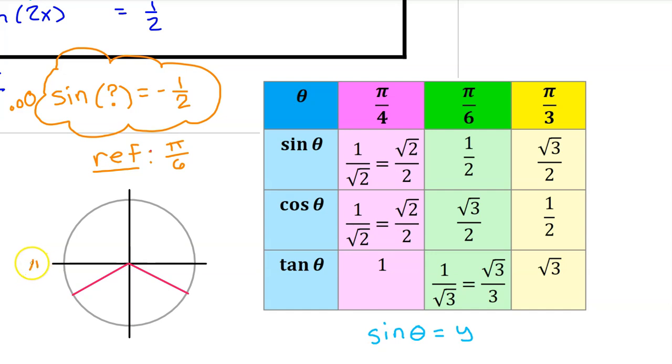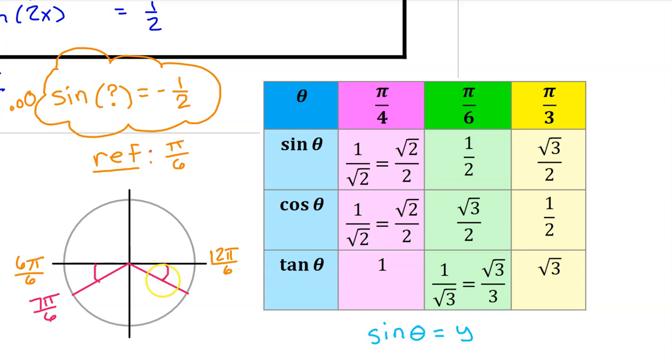Here on the left is pi, and we can think of this as 6 pi over 6. Doubling that, 2 pi can be thought of as 12 pi over 6. If this reference angle is pi over 6, then we have 6 pi over 6 plus 1 pi over 6, which is 7 pi over 6.